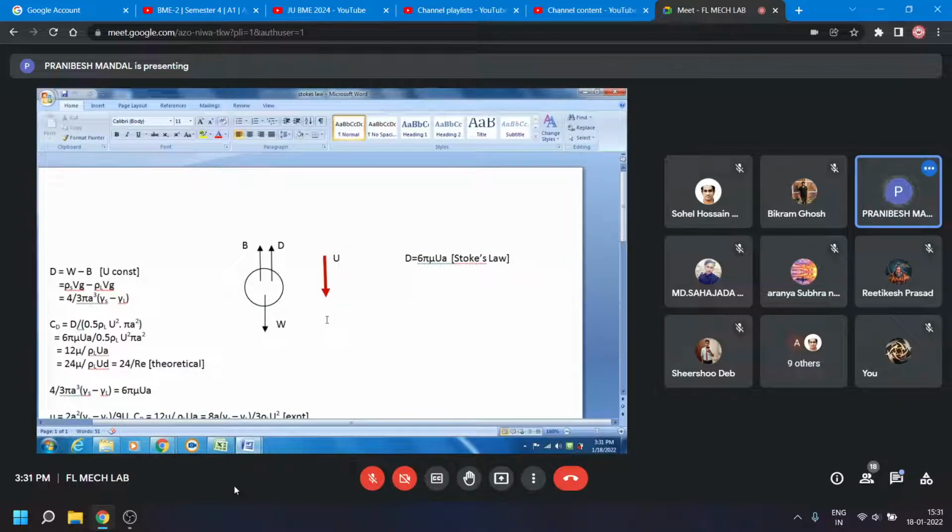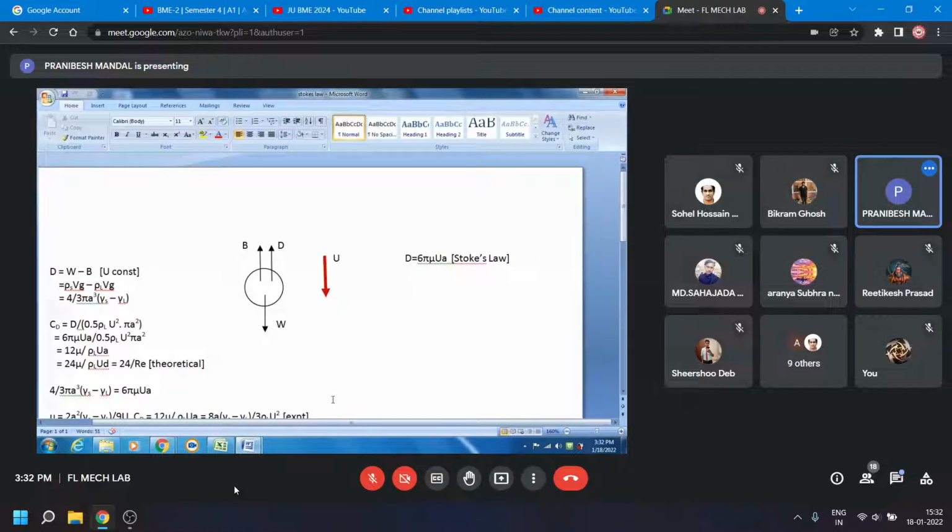And as per Stokes, this drag force will be given by 6 pi mu u a, where a is the radius of this sphere. Is it all right, guys? Yes, sir.